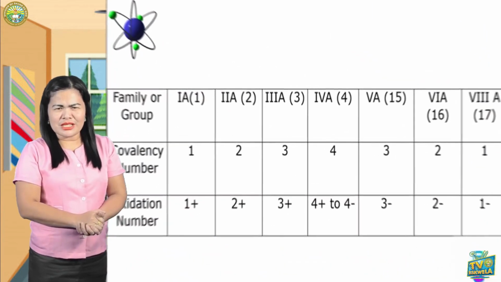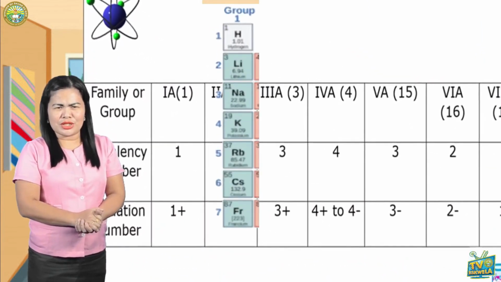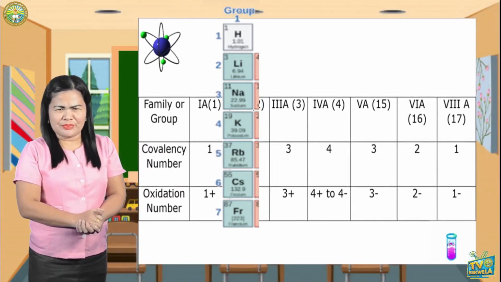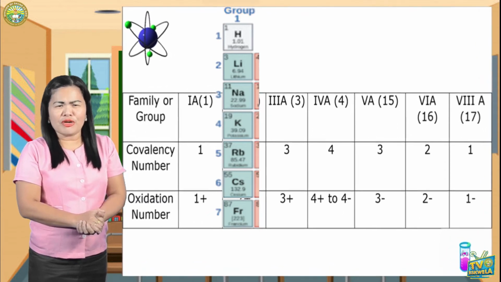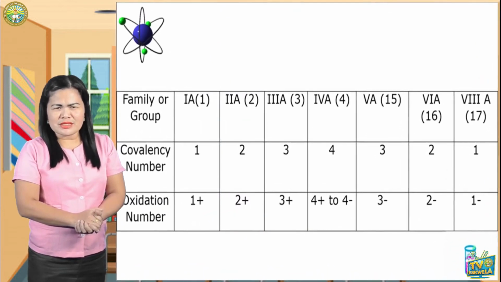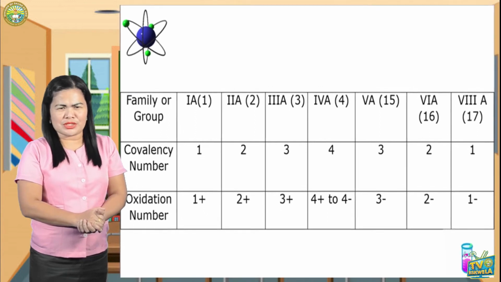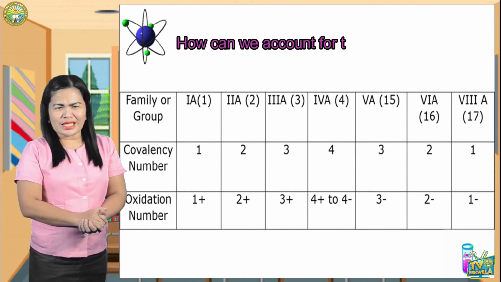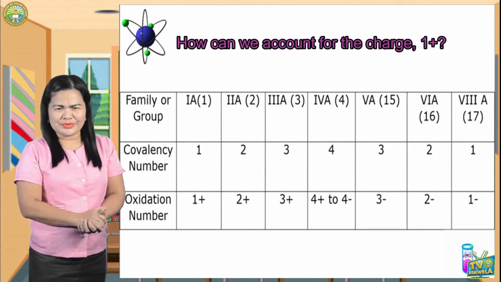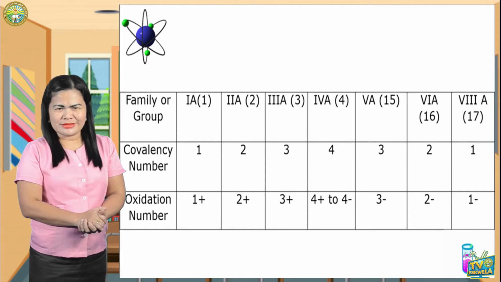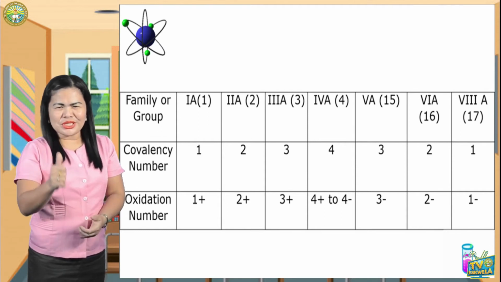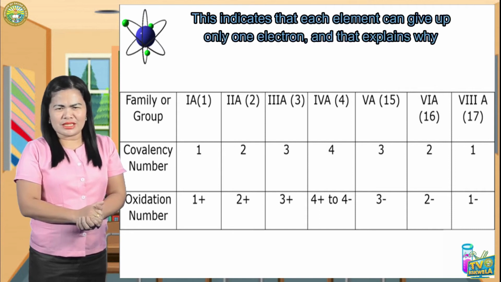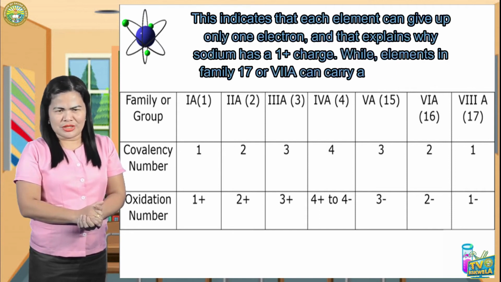From the table given, each element has a covalency number of 1, which means they can only have one bond, and an oxidation number of positive 1. Same also with the other group of elements found in the table. How can we account for the charge positive 1? Very good, students! This indicates that each element can give up only one electron.